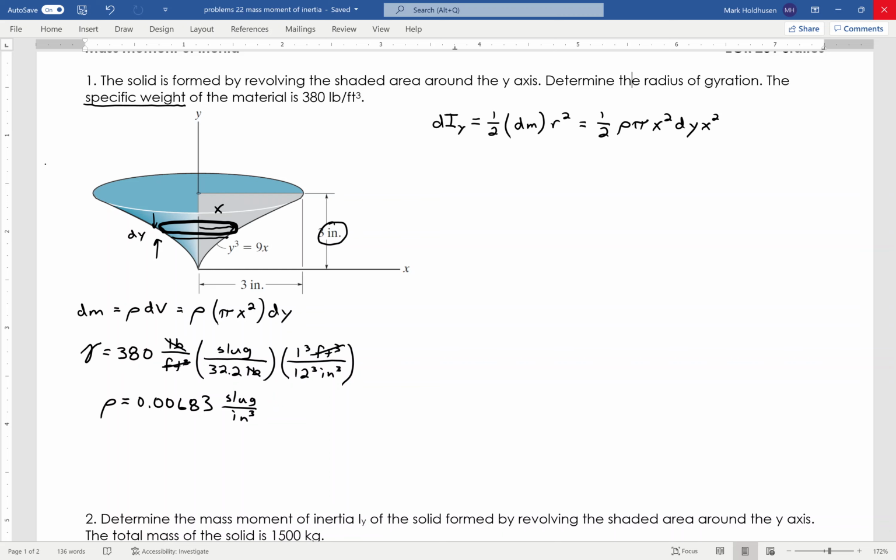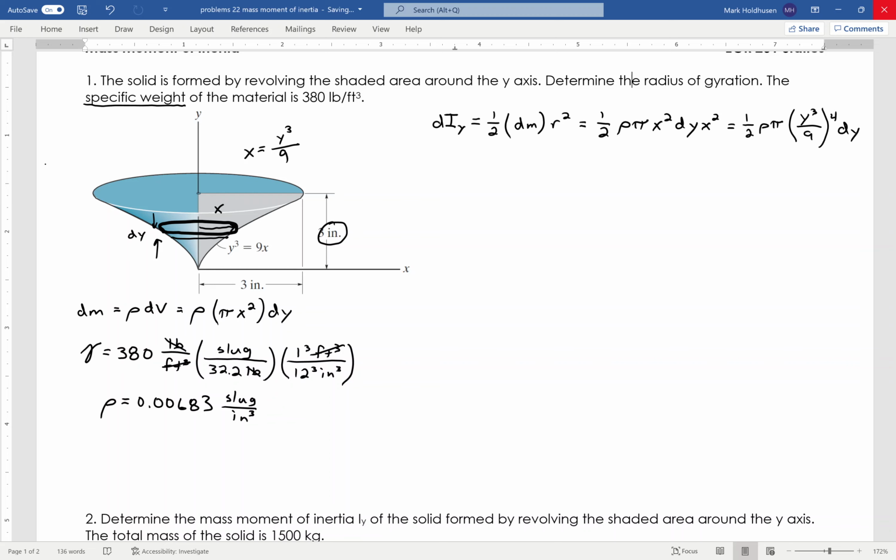Now, I want to make sure that I take into account the fact that x equals y cubed over 9, because I'm integrating with respect to y here, okay? So I need to get everything in terms of y. So let me rewrite this, reorder it a little bit. This is going to be 1/2 rho pi, and then it'll be x to the 4th, where x is y cubed over 9, to the 4th, and then that's going to be times dy.